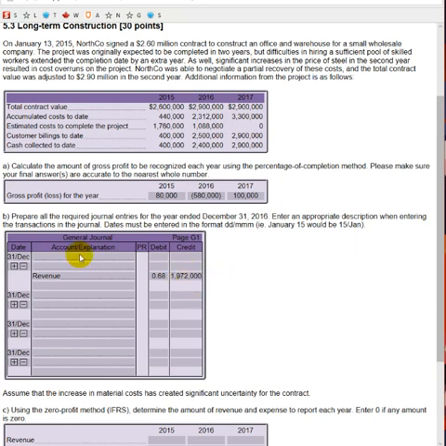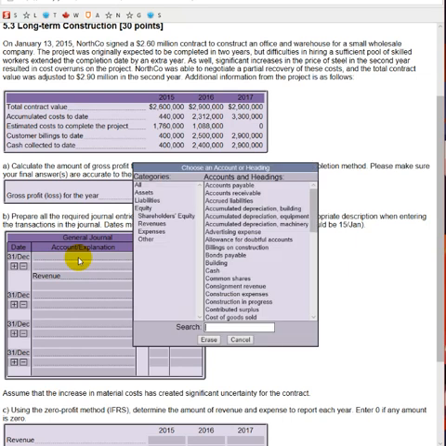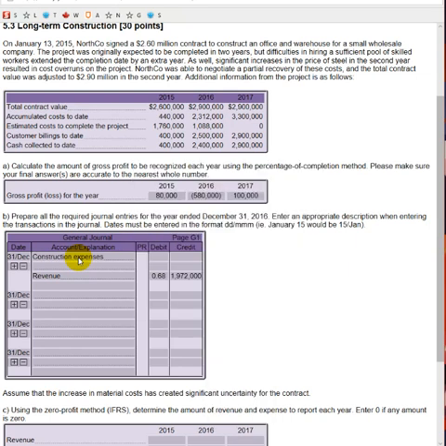Now, our construction expenses right here. Construction expenses is the actual expenditure during the period plus the recognition of the unrecognized portion of the loss. So we've recognized 68% of the loss when we record the construction expenses. Let's see how that works.